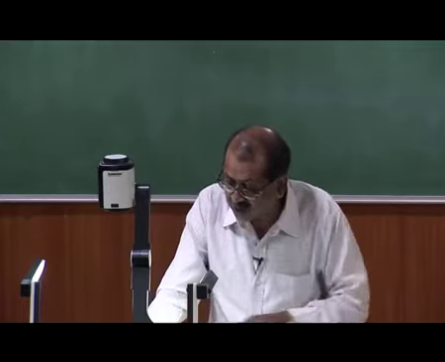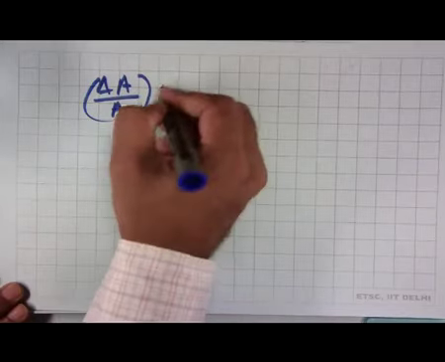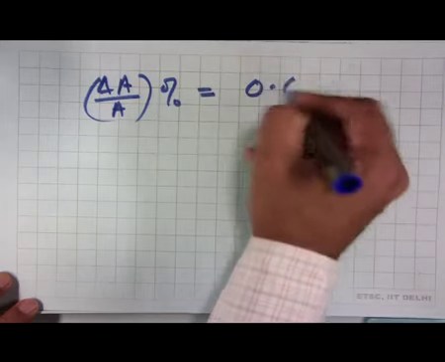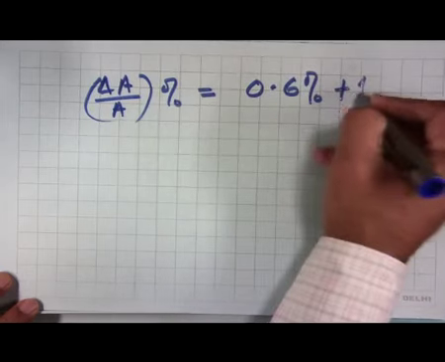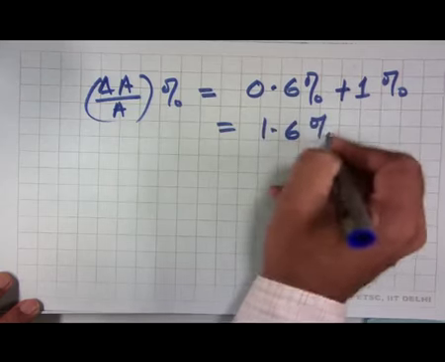So what I will get is delta A upon A as a percent, this will be equal to 0.6% plus 1%, so this is equal to 1.6%.